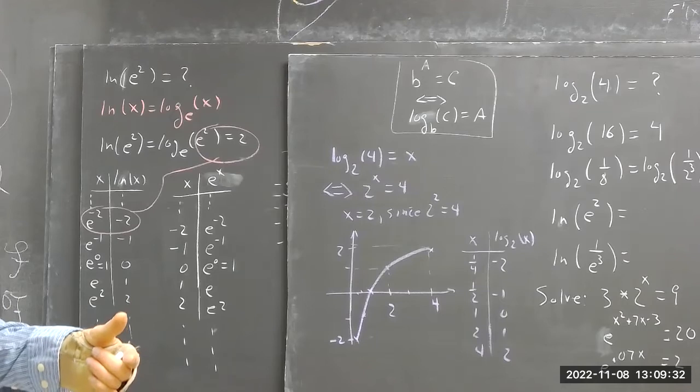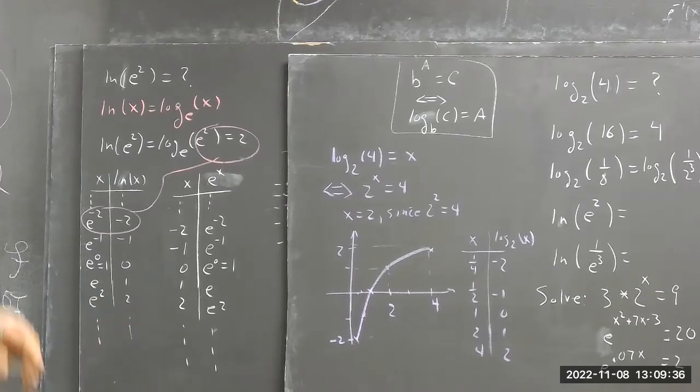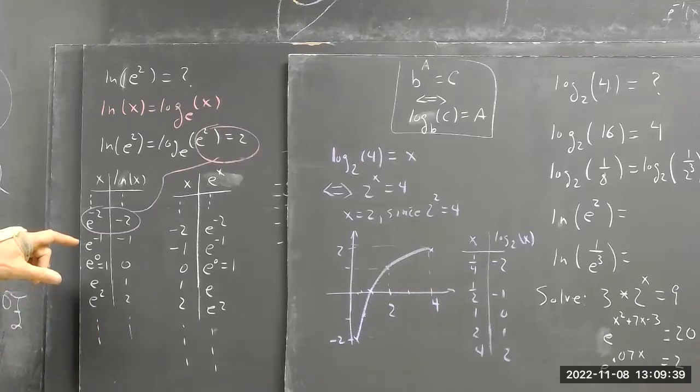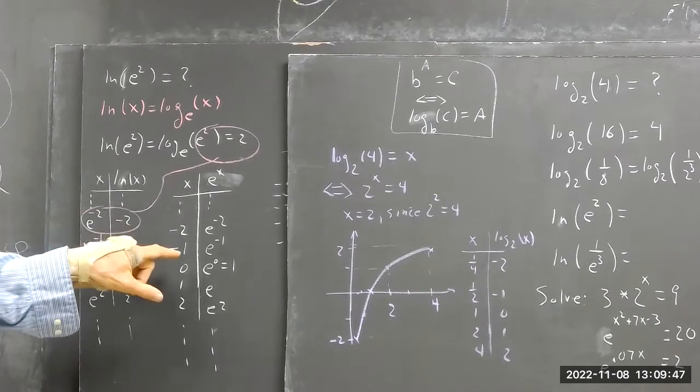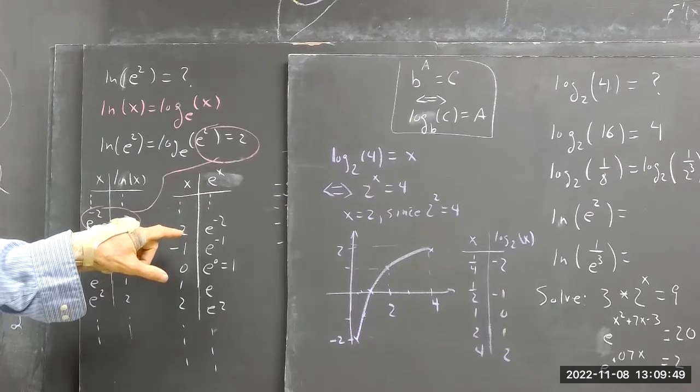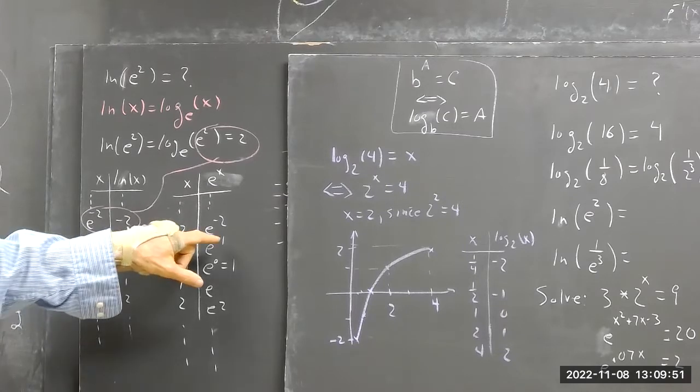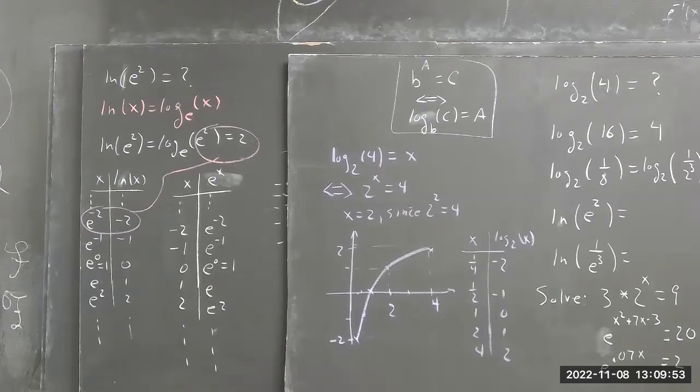Make any sense? The natural log of e to the -2 is -2, because it's just the inverse of this relationship.